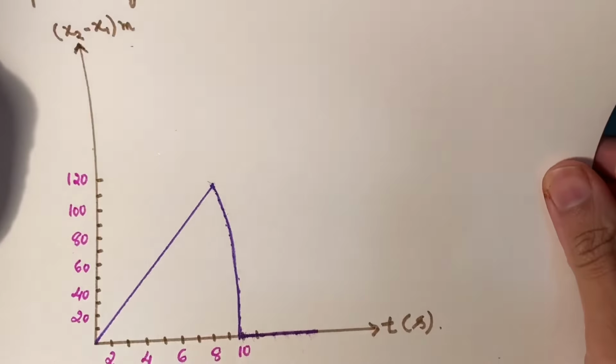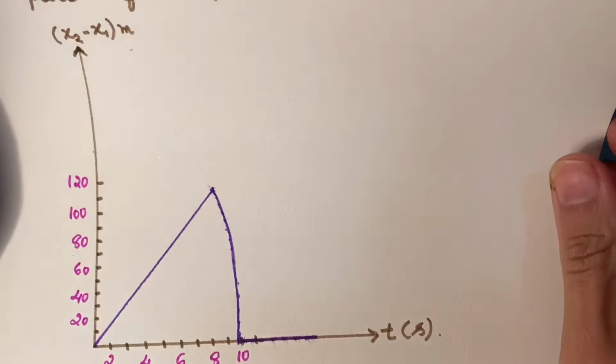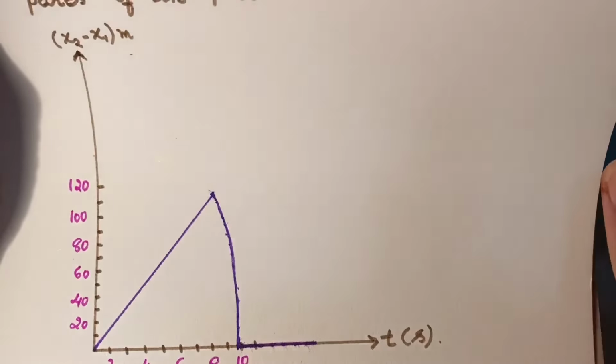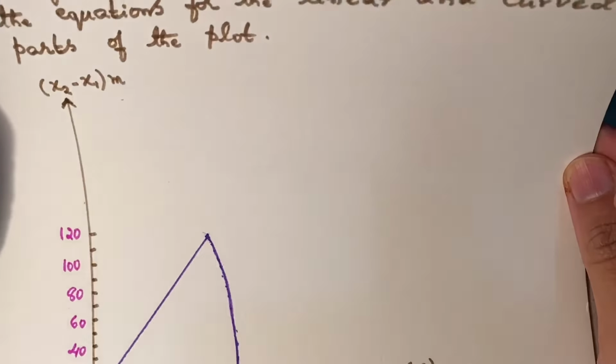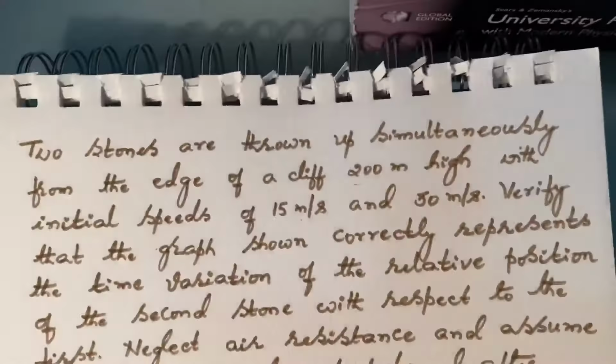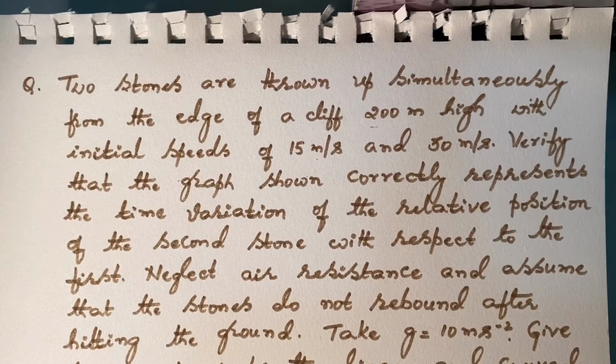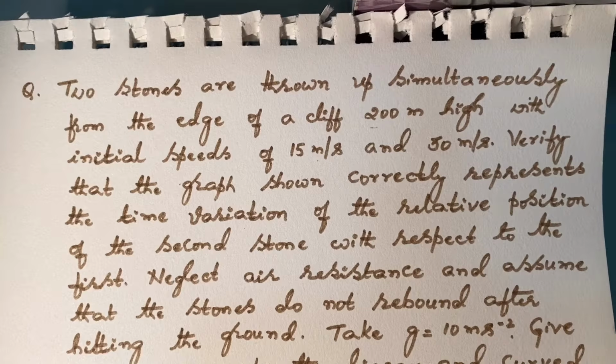So let's begin. Before I start answering this, we better draw a diagram for the given situation. That will make it easier to analyze the problem. So here we go. We'll draw the situation described in the question.